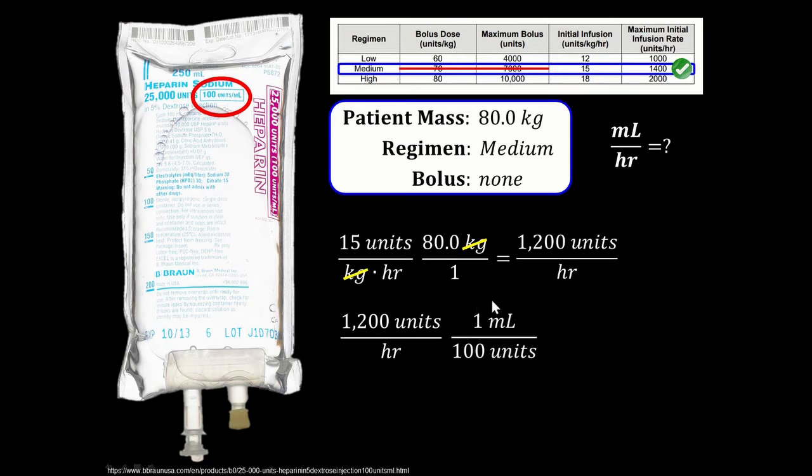But I flipped my fraction here because I had units in the numerator there, units in the denominator there. They're going to cancel, and my unit is just left over as milliliters per hour. And so 12 milliliters per hour is what you want to set the IV pump at. Now, if you just plug numbers into a box, you probably would get the right answer, but you're likely to make mistakes.